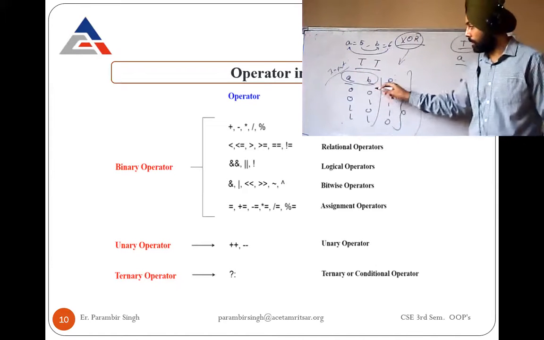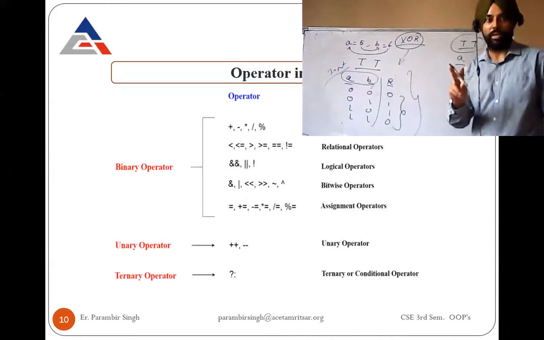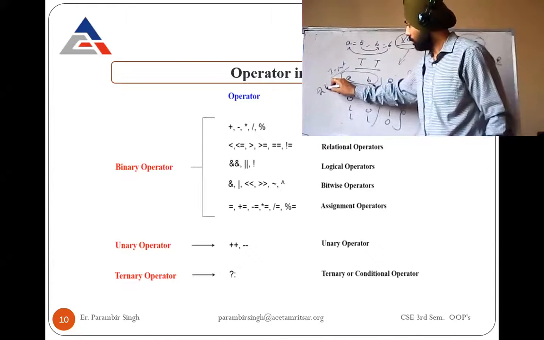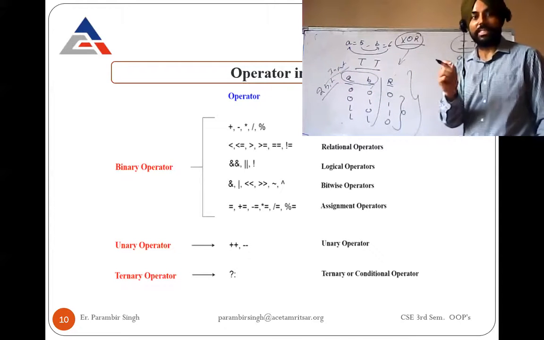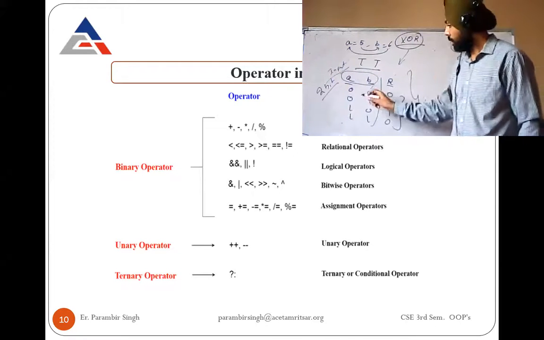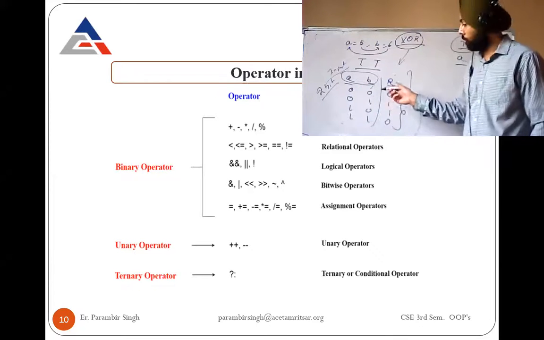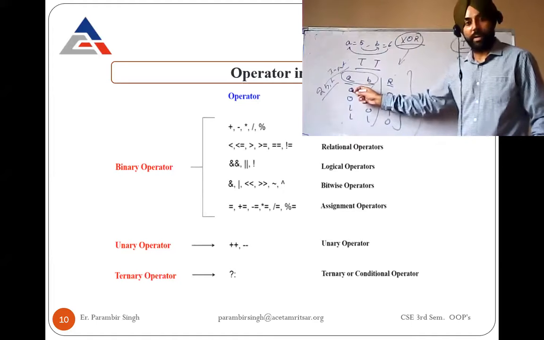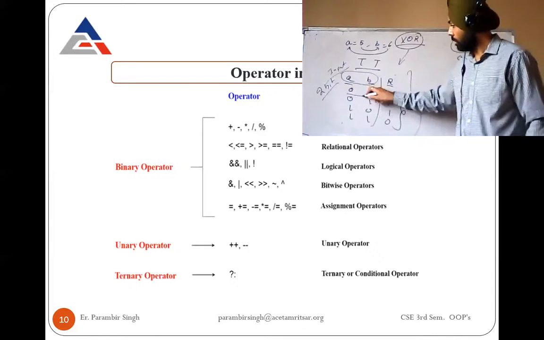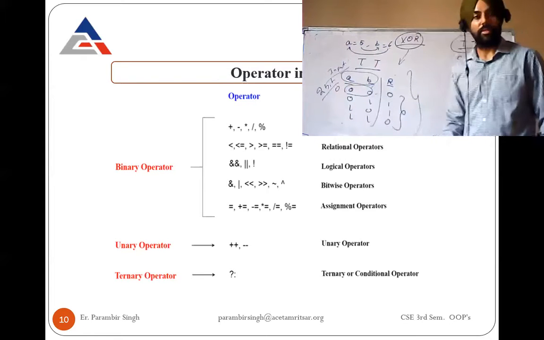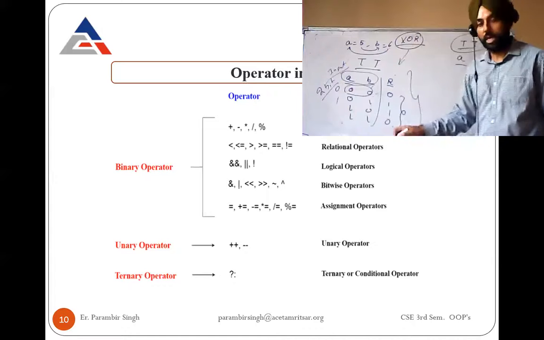So 0, 0, because this is a 2-bit value. A and B have 2 bits only, so we only consider 0, 0, 0, 1, 1, 0 and 1, 1. If we convert this binary value to decimal, what is the decimal value for 0, 0? That is 0. For 0, 1, it is 1.